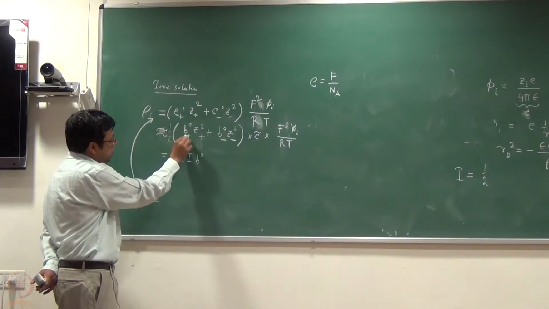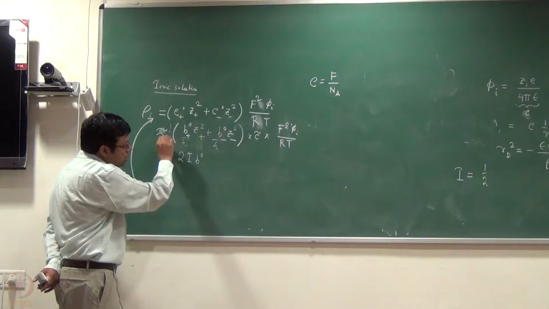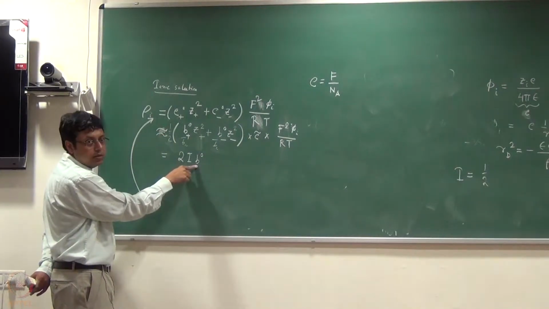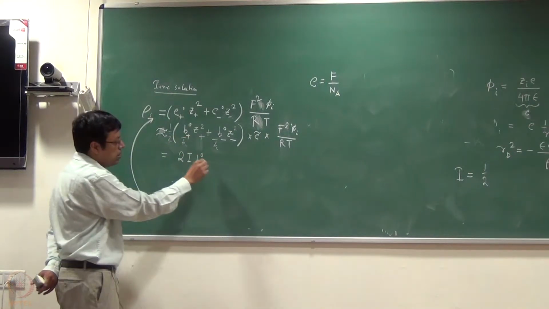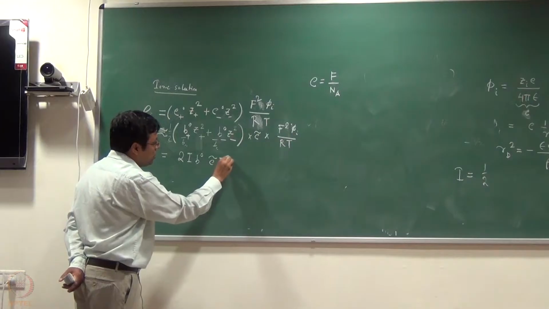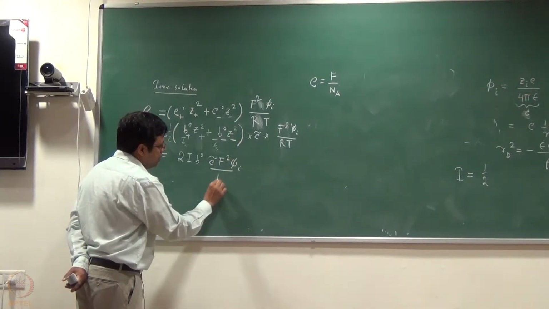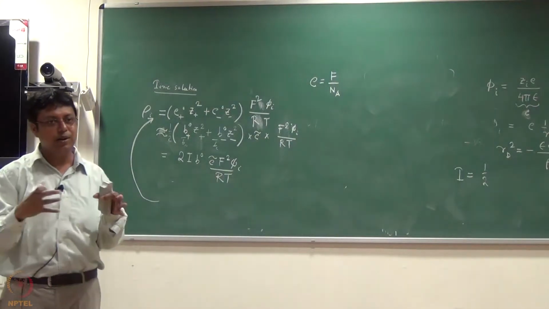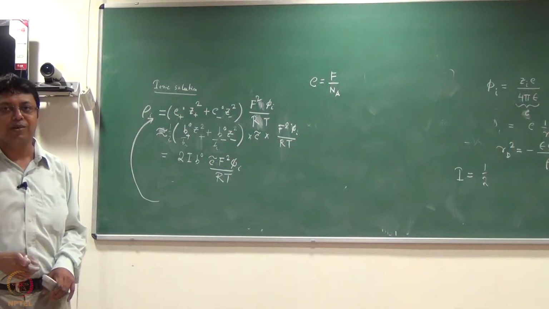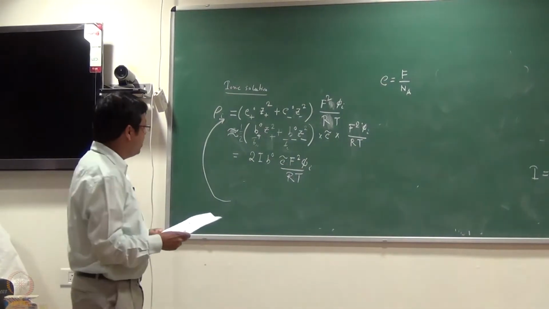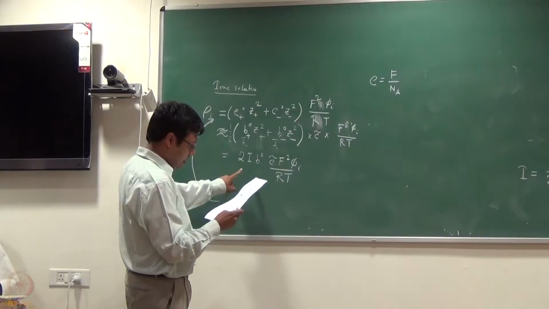That half, this B0 thing was the ionic strength, right? That's why I'm multiplying by 2 and B0, and then the rest is ionic strength times the solvent concentration F square phi I by RT. Fine. I'm basically reducing the problem.